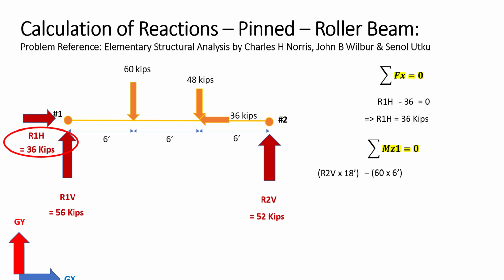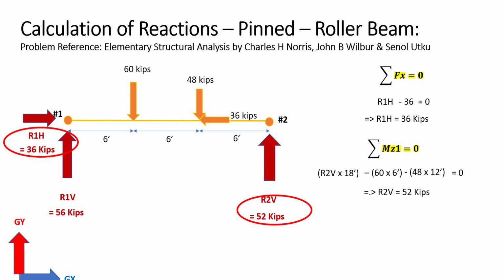It is situated at a distance of 6 feet, so the moment would be 60 into 6 feet, preceded by a negative sign since it creates a clockwise moment. Same for 48 kips, which is located at a distance of 12 feet from node number 1. Now, all of this is equated to 0, and we can solve directly for R2V, and the value comes out as 52 kips, the exact same value that we had obtained earlier.